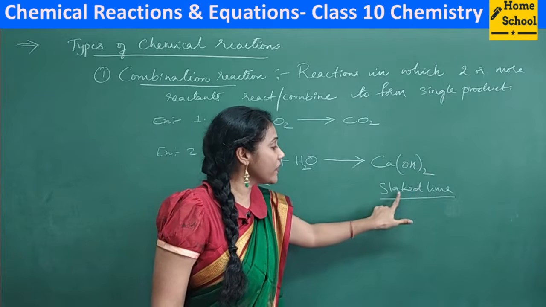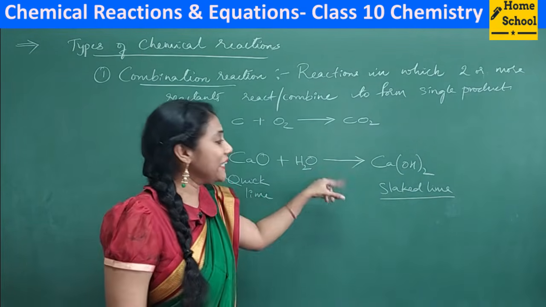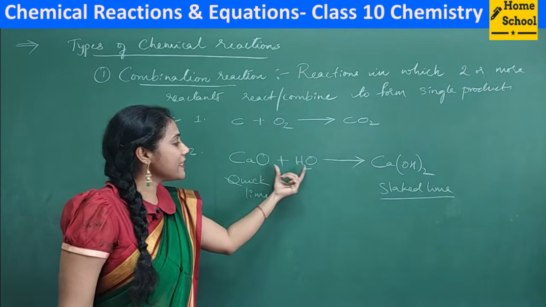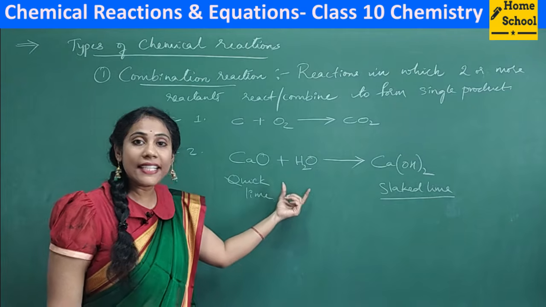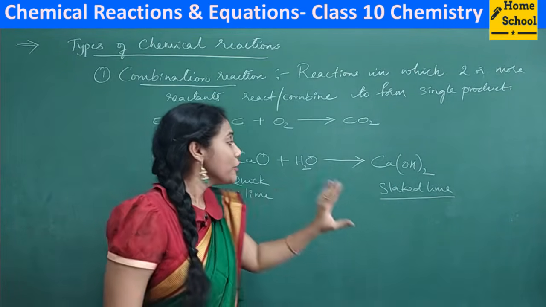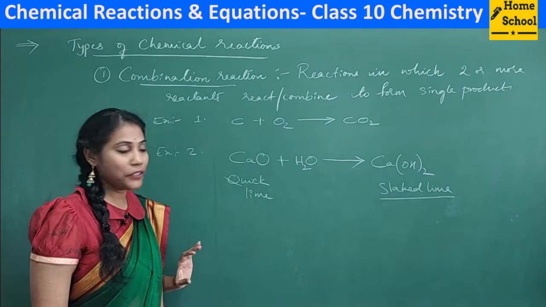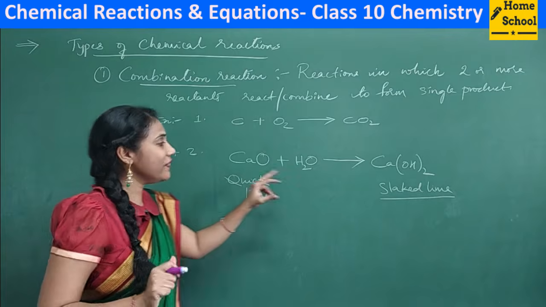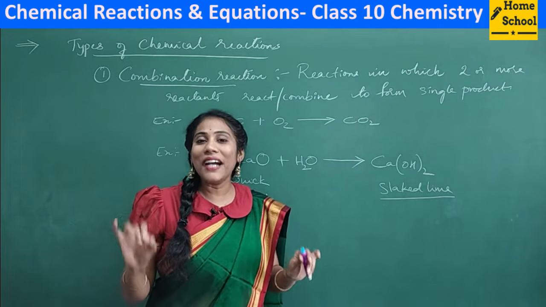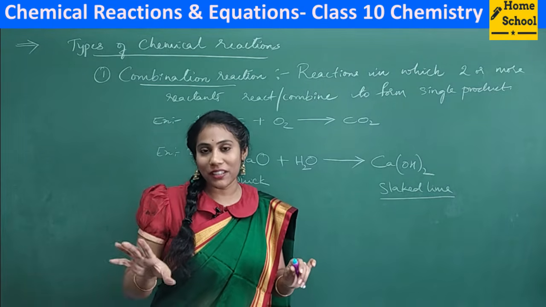Calcium hydroxide, which is also called slaked lime. So this is another example for combination reaction. See, the substances reacting are two. Two reactants are reacting, but the product you got was one, right? So this is also an example for combination reaction. And where did we study this reaction? Yes, we can identify a chemical reaction with a change in temperature, right?